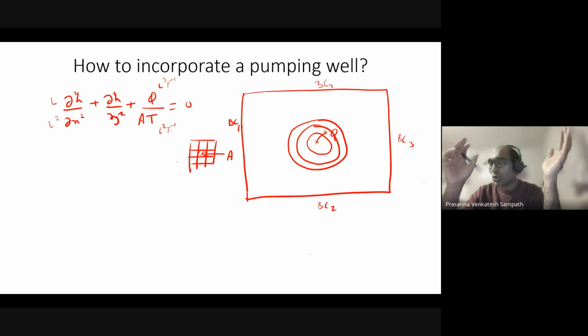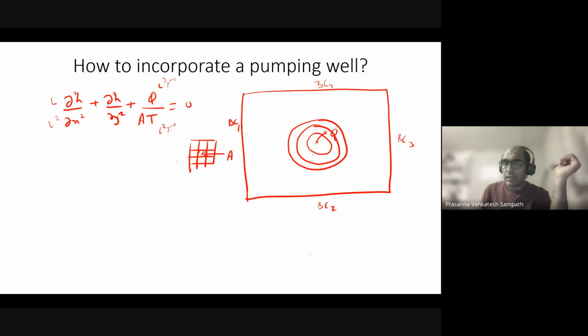Okay, so let me say it like this. Let's say the drawdown in this particular circle, which is at a radial distance of, let's say, 10 meters or 20 meters from the pumping well, the drawdown at that contour that I've drawn is the same irrespective of which direction I move from the well.